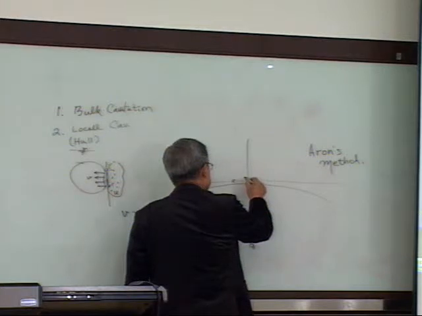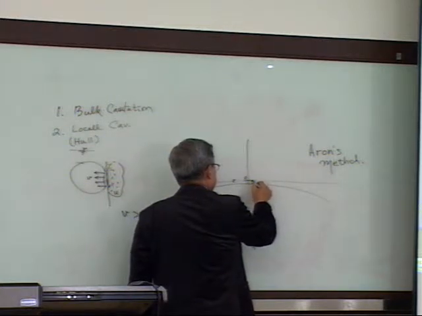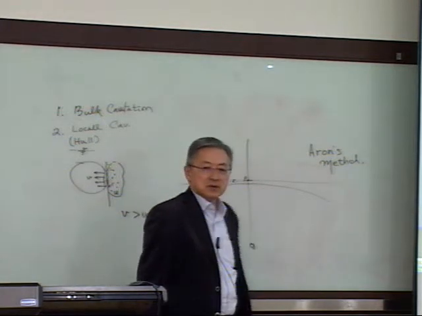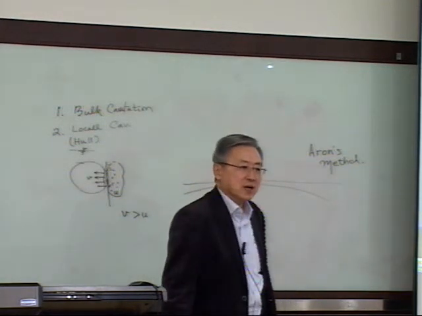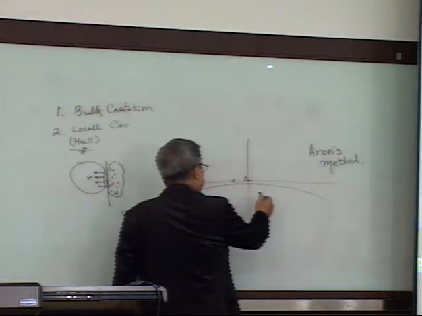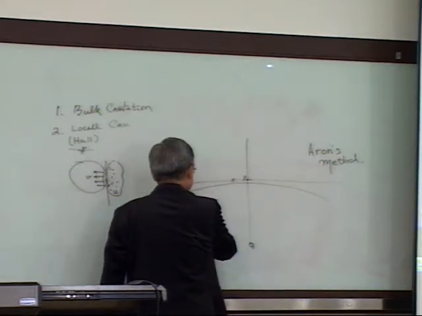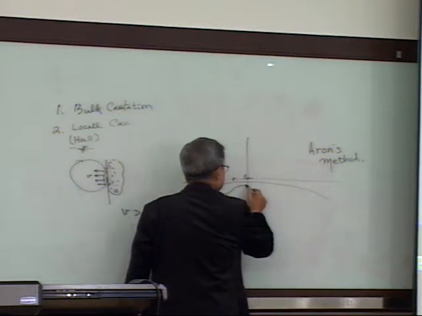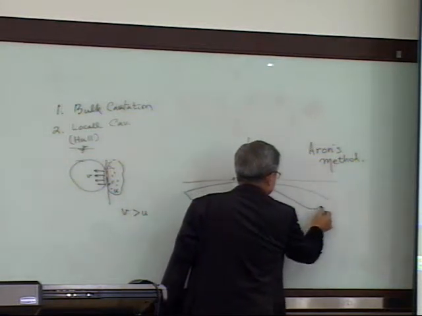If this is the zero point, the boundary should be just below zero. You will see that in your calculation. This is called the upper cavitation boundary. Then there is a lower cavitation boundary. This is exaggerated a little bit, okay?